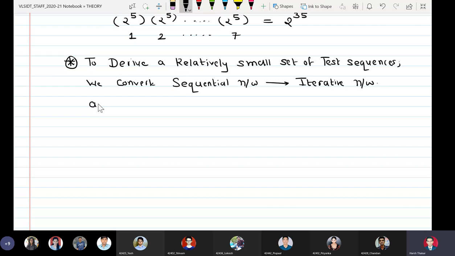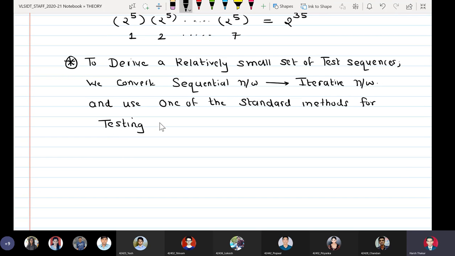And use one of the standard methods for testing combinational networks.